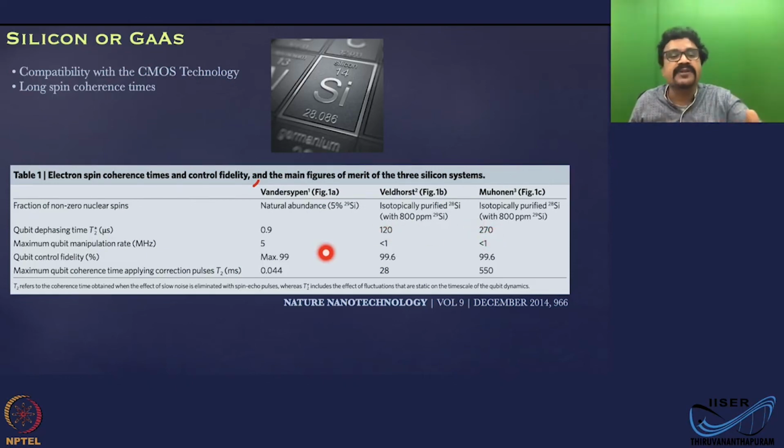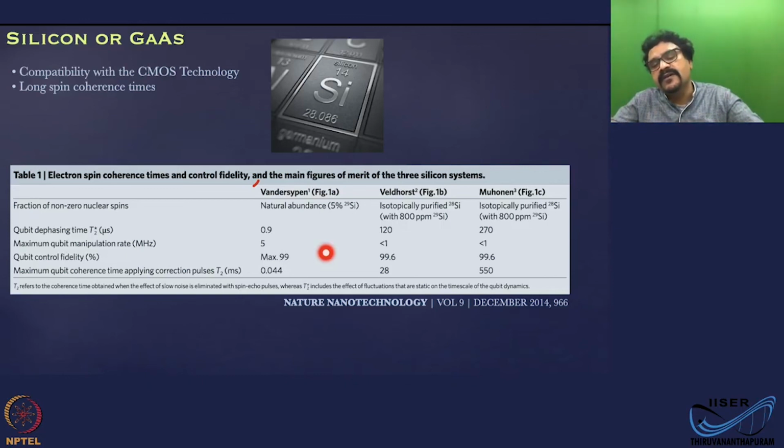T2 is an important parameter, and the qubit manipulation rates, in megahertz, are actually less than 1 here, but 5 here. You can see that there's a huge jump with even a few percent change in the spin concentration. You can see that there's a huge jump in all these time scales. Okay.